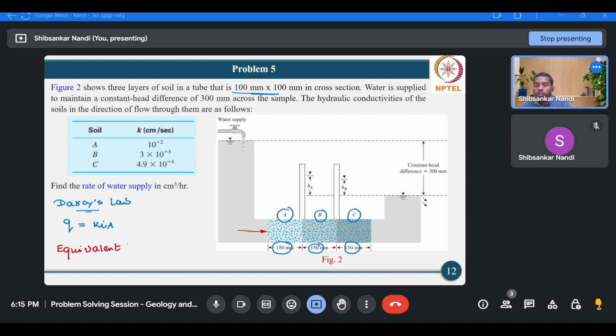Equivalent hydraulic conductivity for the stratified deposit.